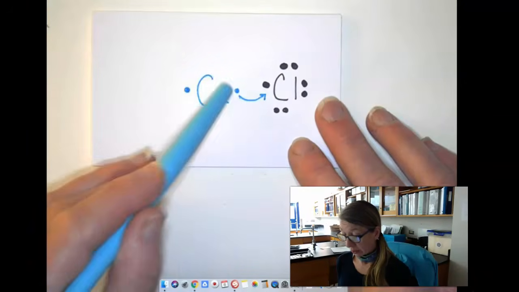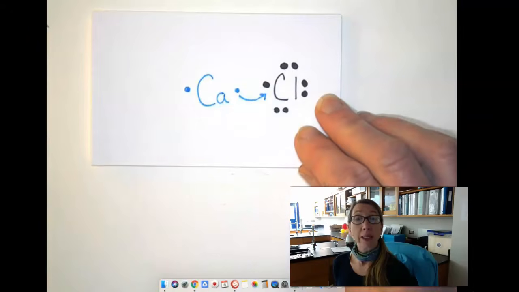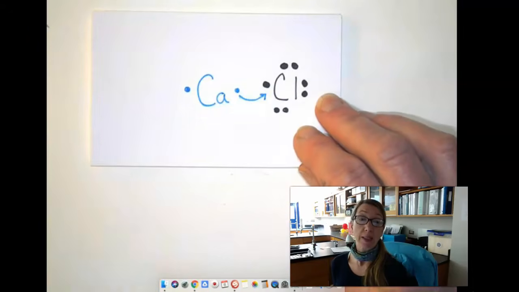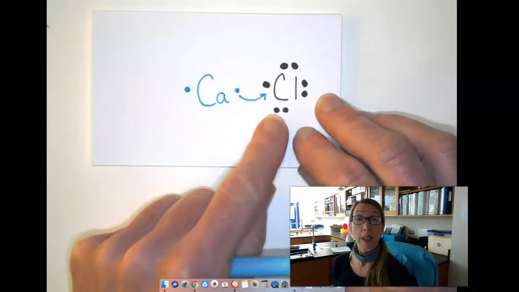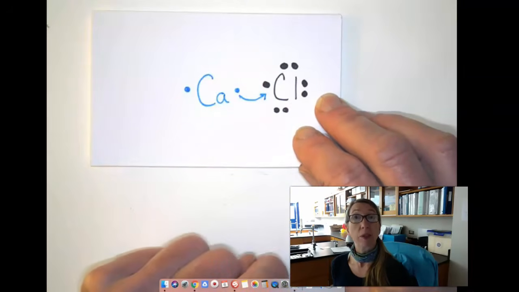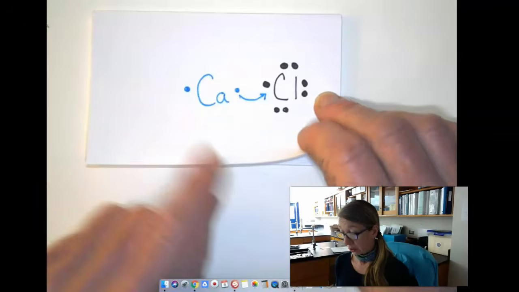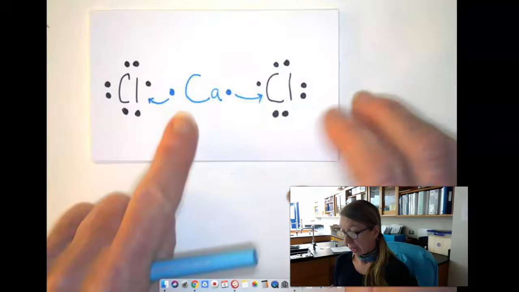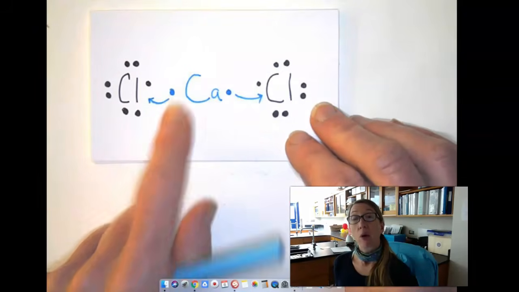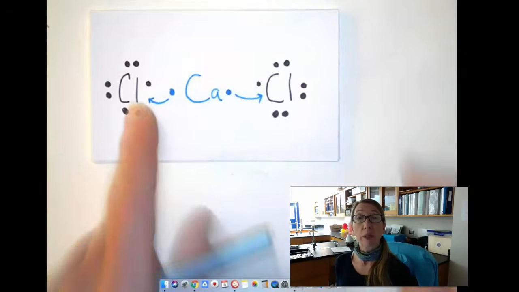So calcium has 2, chlorine will only attract 1 away because it doesn't want 2, it only needs 1 to make it to 8 to be stable and to fulfill the octet rule. So what's going to happen is the other electron from calcium will be attracted to a different chlorine atom.